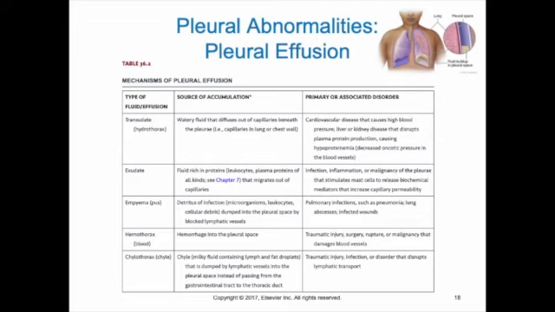Other pleural abnormalities include pleural effusion, and this is when there's fluid in the pleural space. So with the pneumothorax, there was air. Now there is fluid, and the source of the fluid is usually a blood vessel or a lymphatic vessel underneath this pleural area. But sometimes it can be caused by an abscess or other lesions that drained into this pleural space.